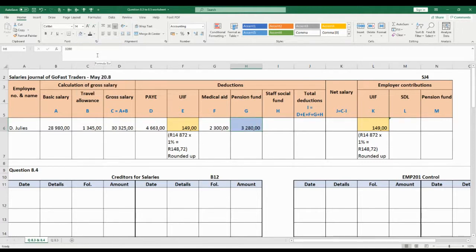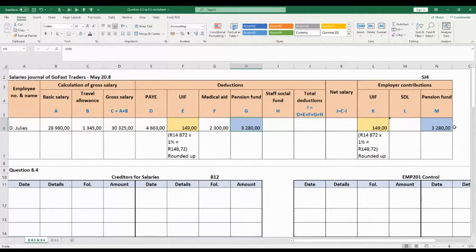It says that our employer contributes on a rand for rand basis. So that means this contribution amount is exactly the same as what we have paid over to our pension fund. So you could have also completed the pension fund column at exactly the same time with the same amount.